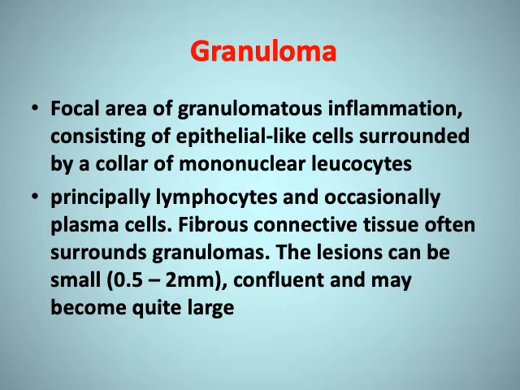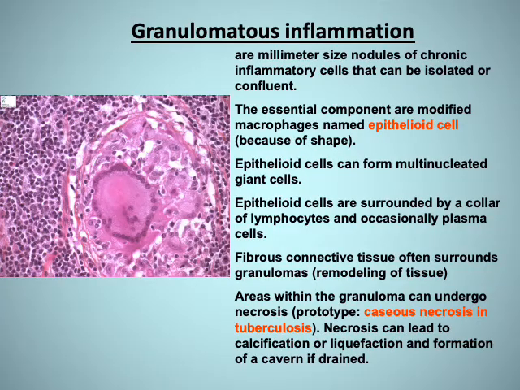Fibrous connective tissue often surrounds granulomas. The lesion can be small, from 0.5 to 2 mm, confluent, and may be quite large. In granulomatous inflammation, the essential components are macrophages and epithelioid cells, as I told you before. Epithelioid cells can form multinucleated giant cells.